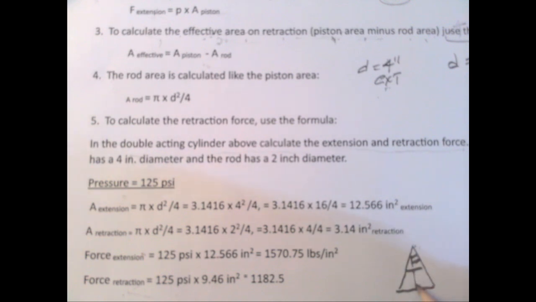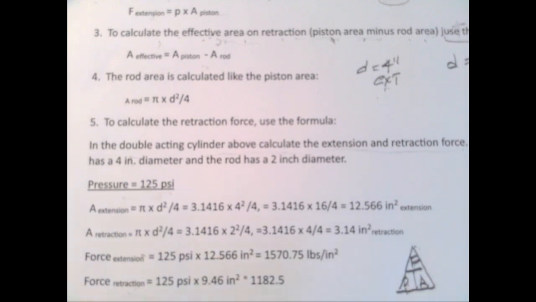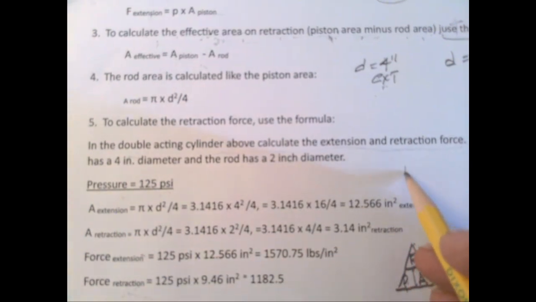Put pressure right here. And you put area right here. So once again, if I want to know the area, I take the force divided by the pressure. If I want to know the pressure, I take the force divided by the area. If I want to know the force, I multiply the pressure times the area again. That's force equals pressure times area.